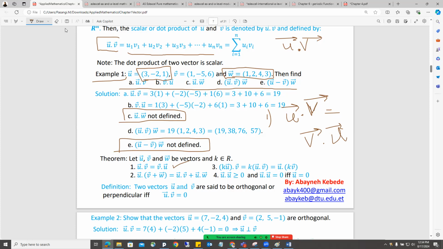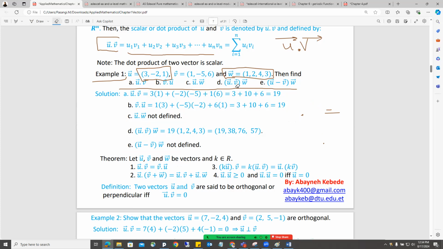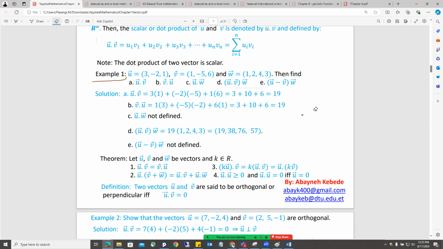Okay. Then the second identity is, I'll erase these ones. Then the second identity is u dot, here we have v plus w vectors.